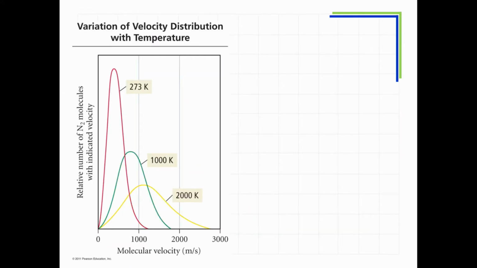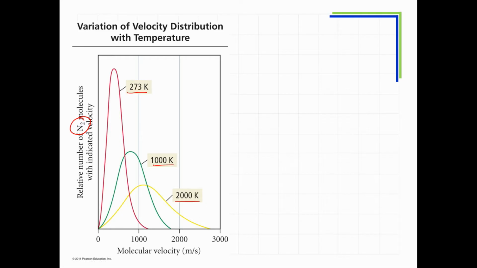Now let's look at this graph, a little bit different. Here we're looking at the same substance, and in every case it is nitrogen. But they're at different temperatures. So 273, 0 degrees, then we have 1000 K and 2000 K. So what has to be changing of these guys?